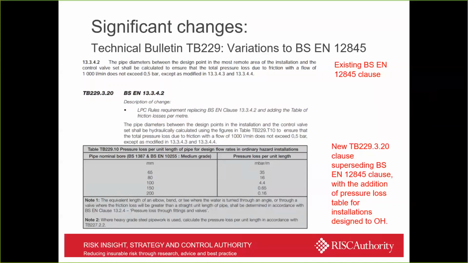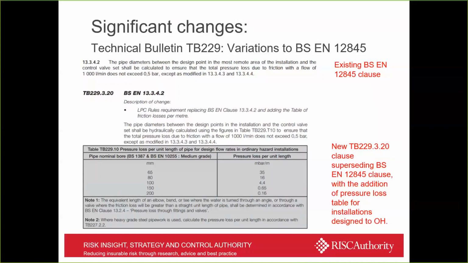But in the older standards, BS 5306 for instance, we had a table that already gave you those losses per metre. We're just reproducing that table now because it's easier for designers to have that table produced. You'll see that for anybody used to using that old table from 5306, the pressure losses per metre stay the same, even though we're now talking about slightly different pipes.